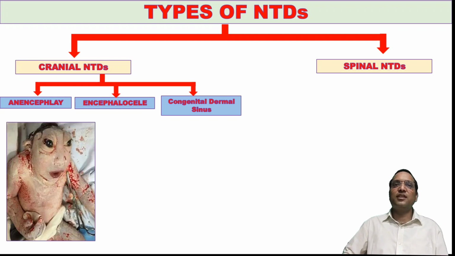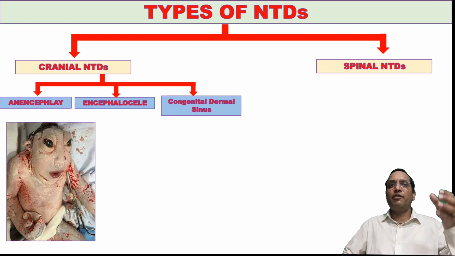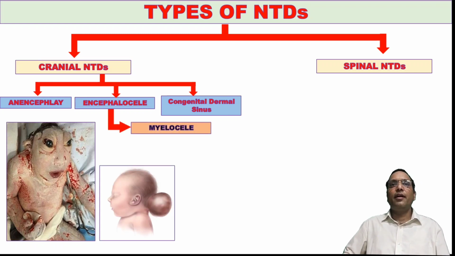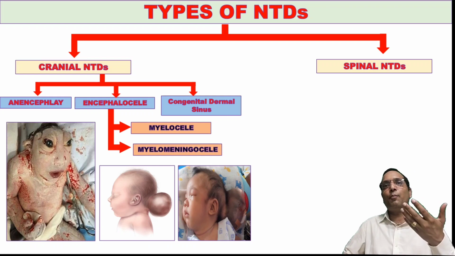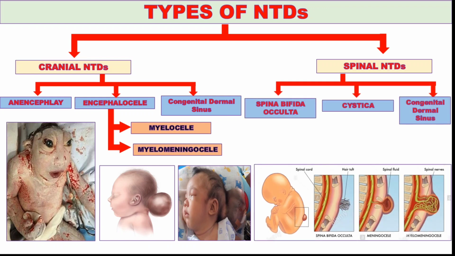You can see in this picture anencephaly with the defect in the brain, and encephalocele is further divided into meningocele, where there is herniation of brain tissue through the cavity, and meningoencephalocele, where there is herniation of brain tissue along with the sac, which is opened at the posterior side, and congenital dermal sinuses.